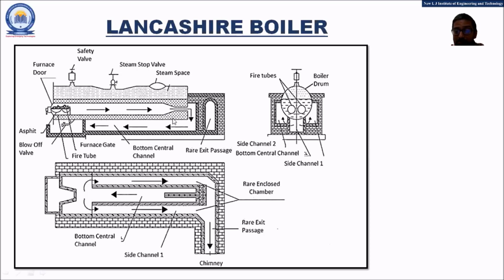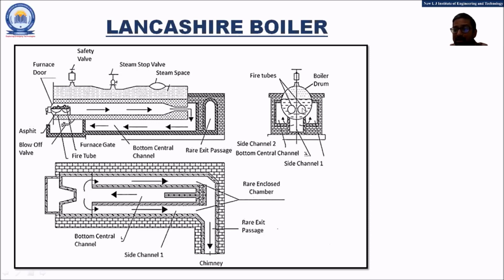Then by the specific design construction, you can see over here a conical shape is provided, an obstruction, in order to pass the flue gases to the bottom side. So after passing through the main pipe, the flue gases are transferred to the bottom pipe. You can see in the image the side view.